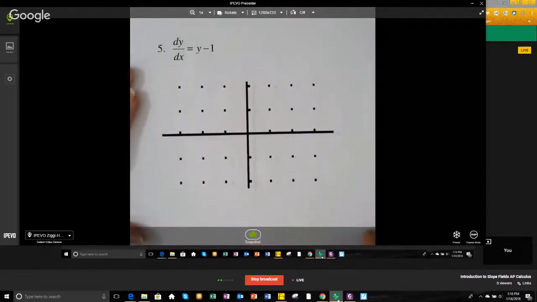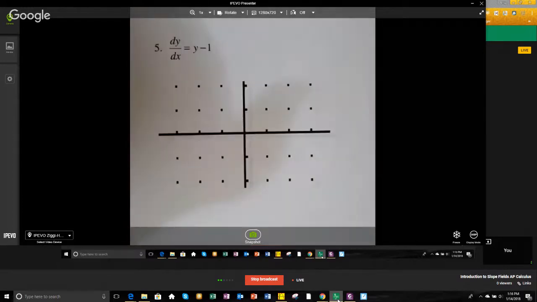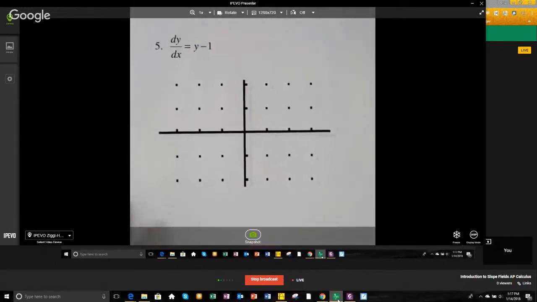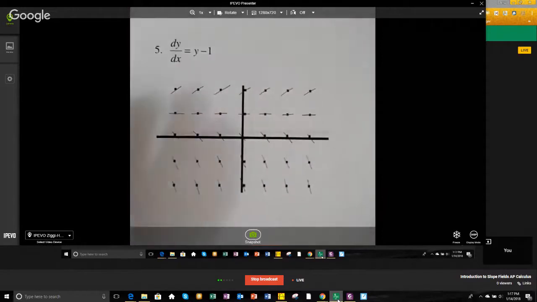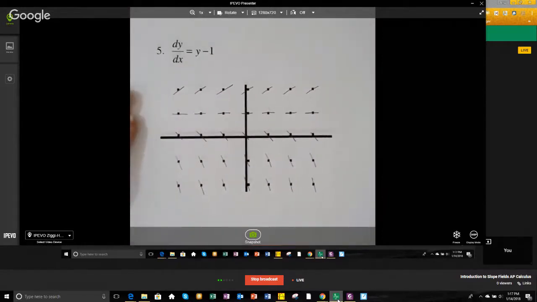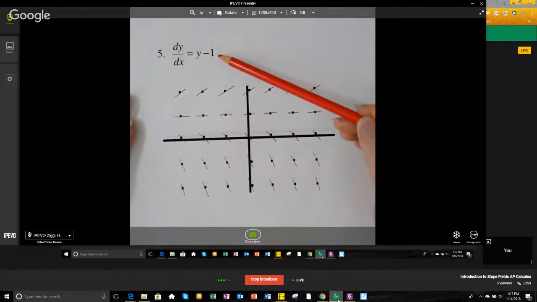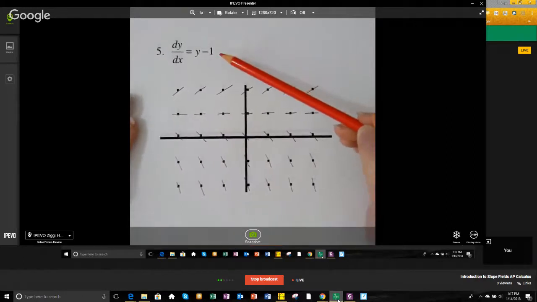Y equals -1. So pause the video, come up with your slope fields for y equals -1, and see if you match mine. And we're back. Here is my slope field for y equals -1. This slope field is only going to be dependent on y, so this is going to have isoclines in the y direction.